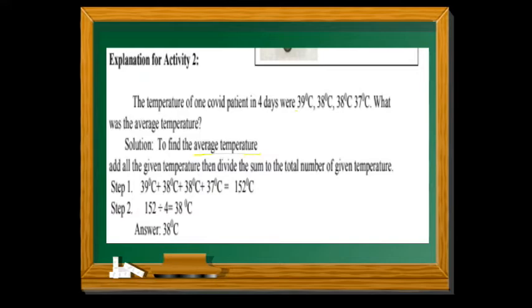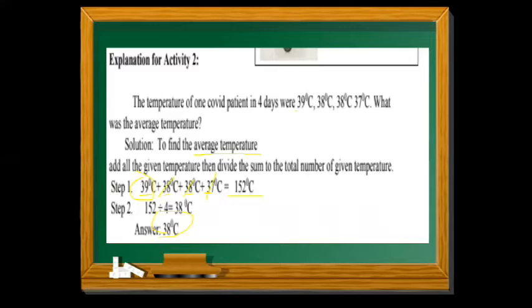We will just add all the given temperatures. 39, 38, 38, 37 is equal to 152 degrees Celsius. After that, we will divide by the number kung ilan yung inadd natin. We have 1, 2, 3, 4, so that's going to be 4. 152 divided by 4 is 38 degrees Celsius. So the answer is 38 degrees Celsius.